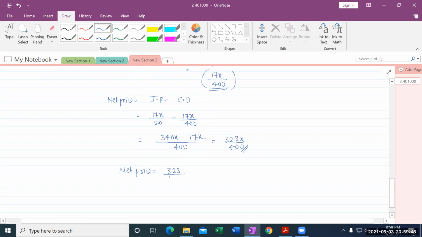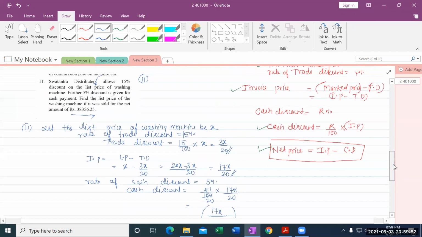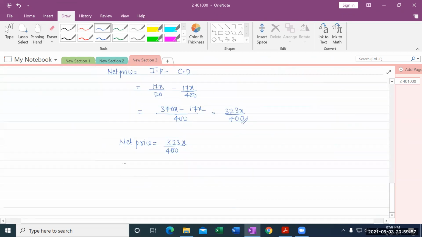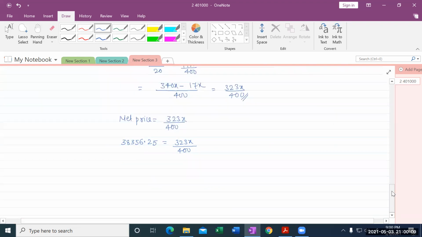Net price is 323X upon 400. But the net price is given in the question as 38356.25.